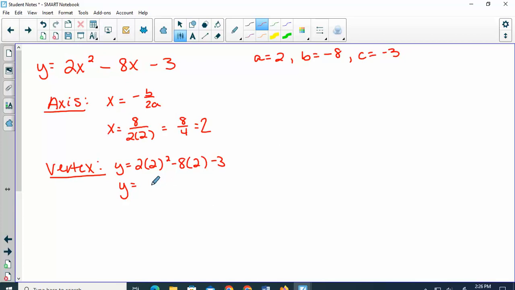You guys tell me what that turns out to be. -11. Okay, so how do I write my actual vertex? It's that point 2, -11.